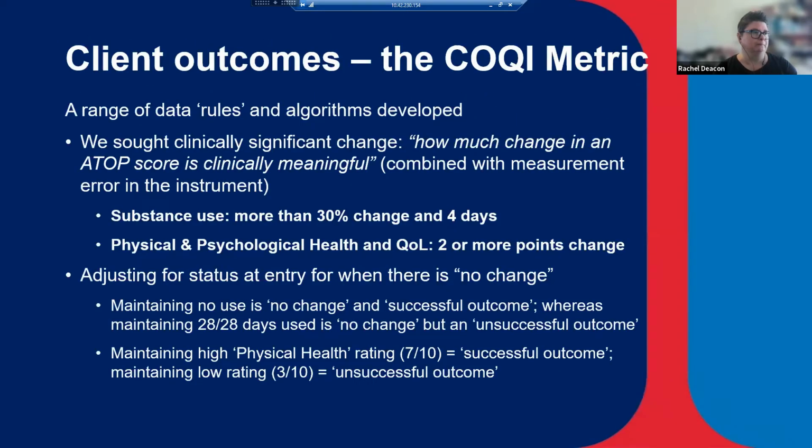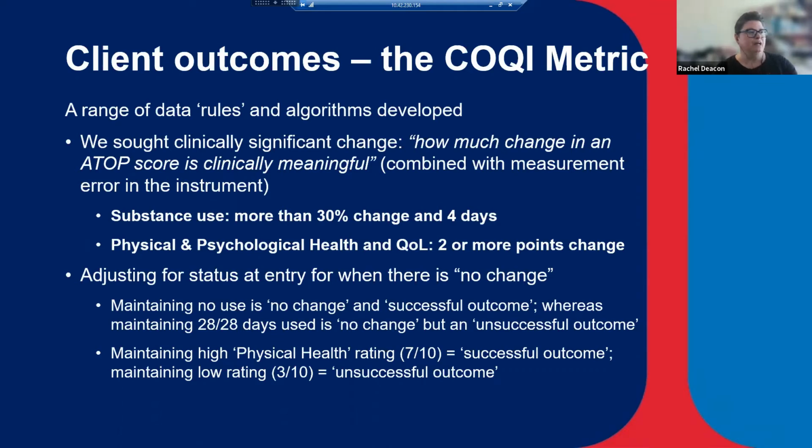So the Koki metric, which I'm going to step through now, is another way of looking at ATOP data. We've developed a range of data rules and algorithms based on looking for how much change in an ATOP score, primarily the substance use items and the 0 to 10 scales, is clinically meaningful, but also including measurement error in the instrument itself.